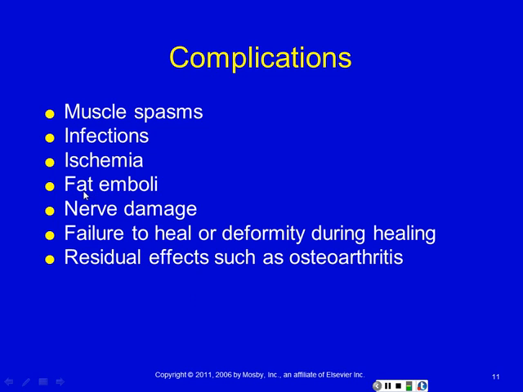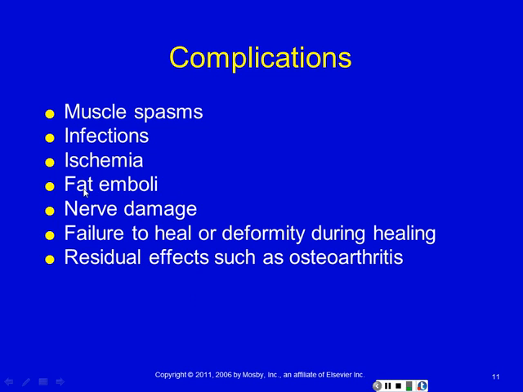Infections, like we talked about. Fat emboli. The marrow cavity of the large bones is full of adipose tissue, full of lipid. When you break that open, you can send little bits of lipid flying through the blood vessels. And they can lodge in the brain, they can lodge in the lungs, and they can cause infarction.